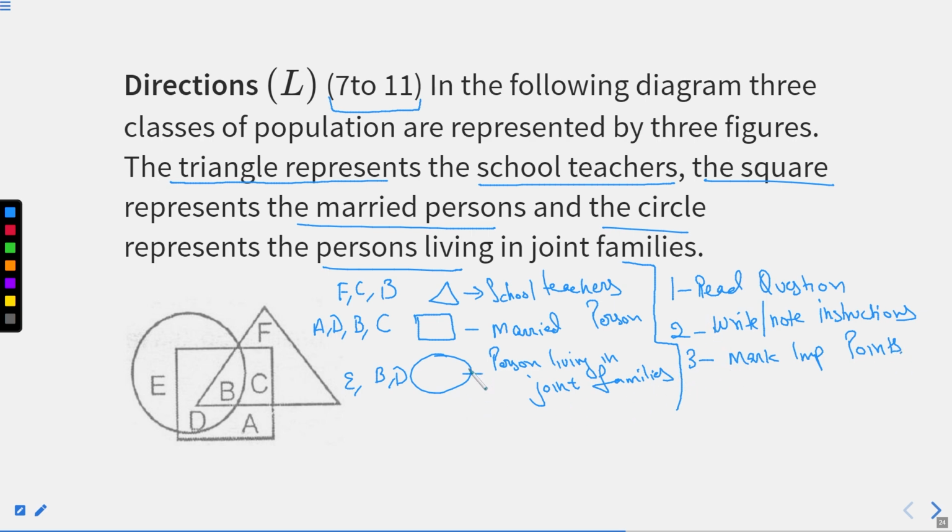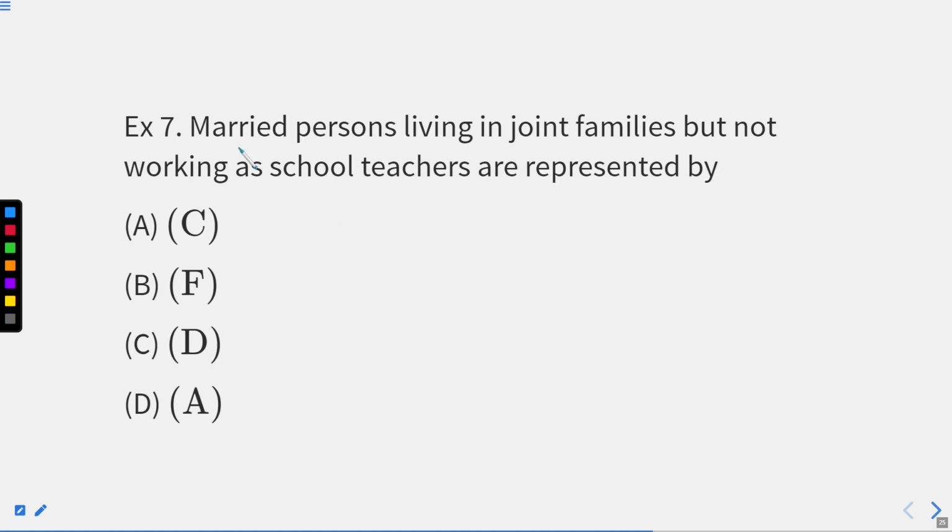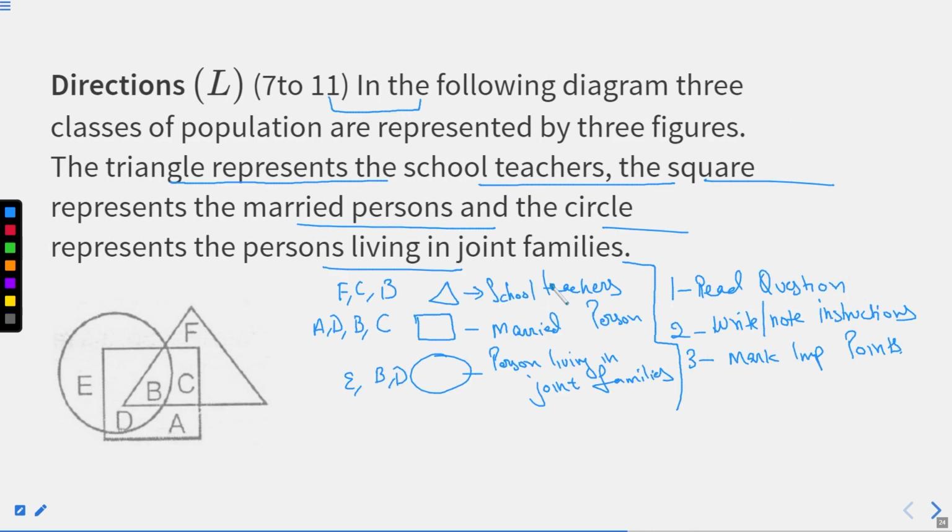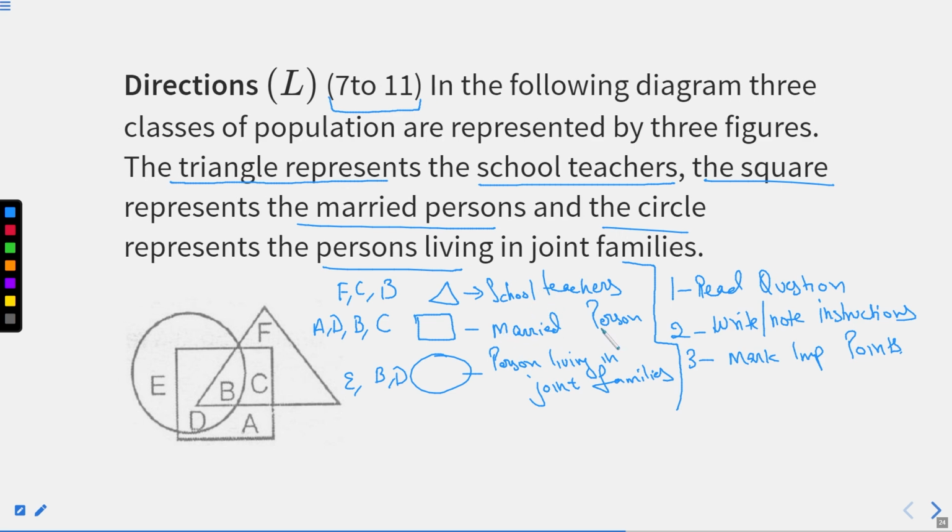Now we will read the question first. So, married person living in joint family. So yeah, remember one thing, married person living in joint family but not working as a school teacher. So we need a married person who is a school teacher.